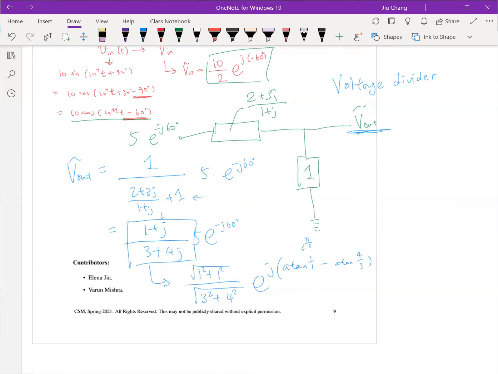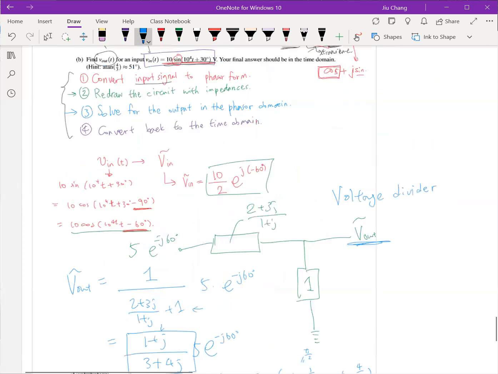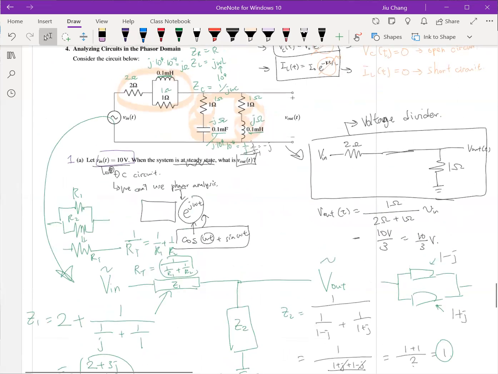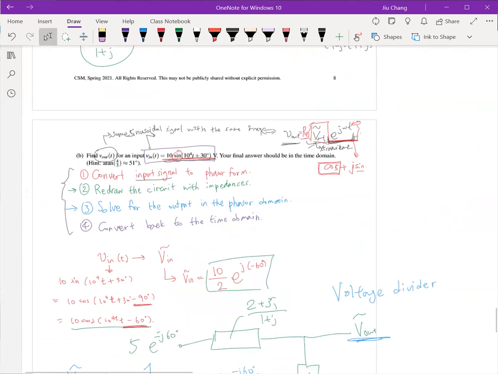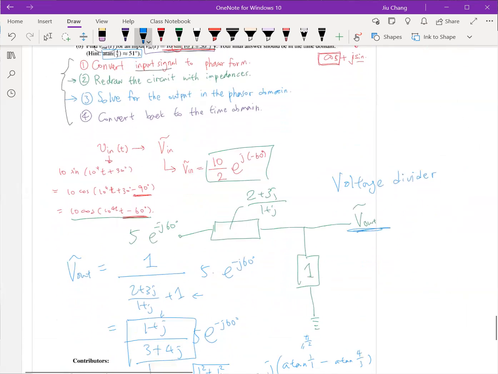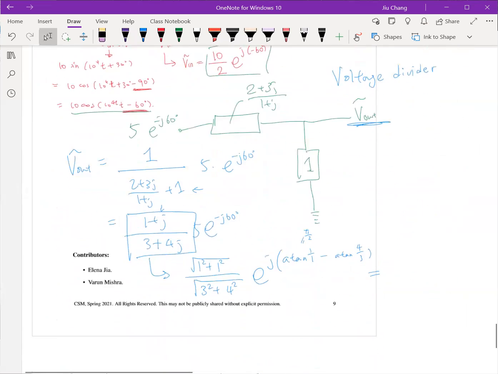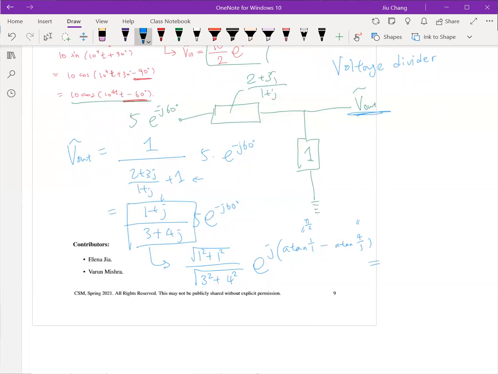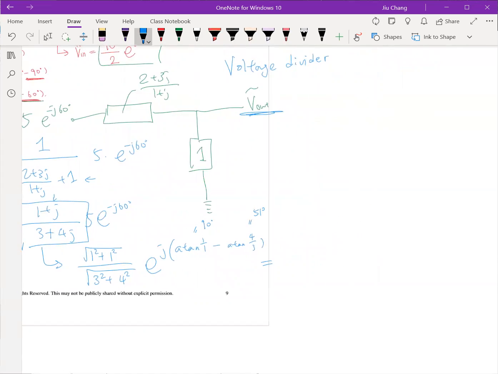Fortunately, we don't yet because we are actually given this. So they magically knew that we will need this calculation. So we were given that this is 51 degrees. Okay, we are using degrees here, so I will use degrees instead of pi over 2. Okay, now we solve for this.